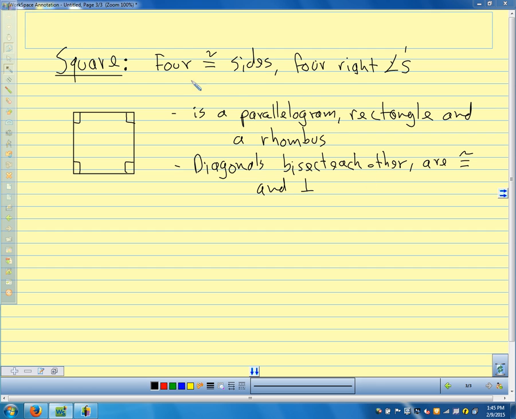A square is a rectangle? But I said, so can a rhombus be a rectangle? So when would a rhombus be a rectangle? When it is a square. So rhombus would be a rectangle when it's a square. So those are the kinds of questions that you get to think about with this.